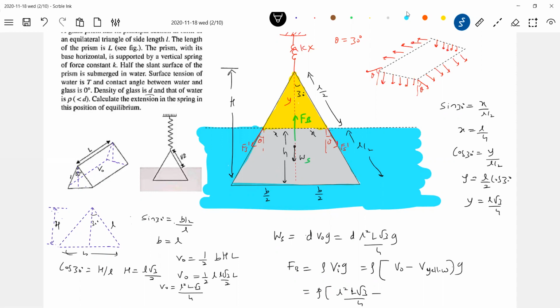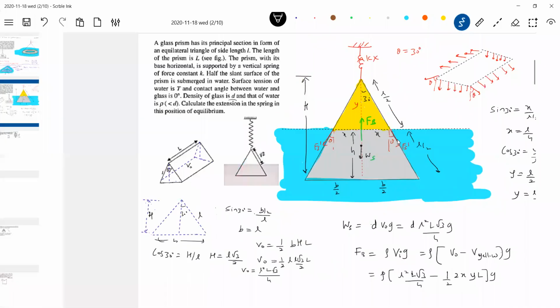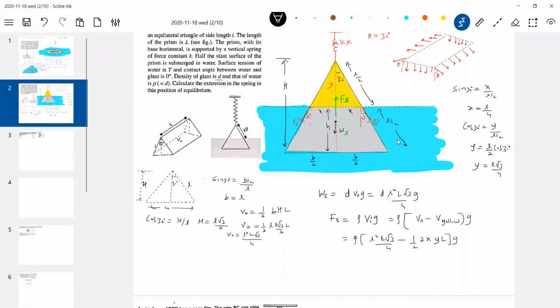Half into base length, which is 2x, height is y, and the edge length is L, into g. This is testing your geometry. To be frank, surface tension is already over. If I draw this diagram, the rest is all geometry, which we should know.